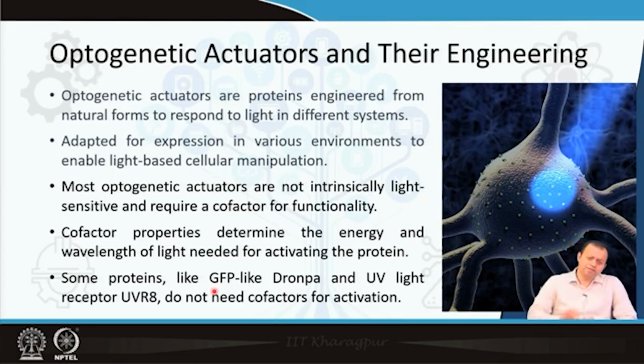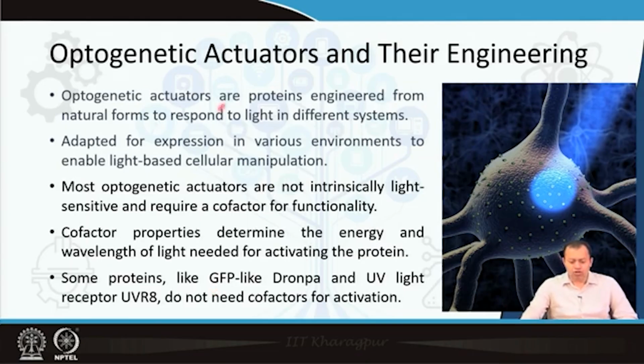So, what the scientists did, that they were able to extract that particular gene. The light activated protein manufacturing gene was simply extracted, and that was placed inside the brain of a mammal, right.